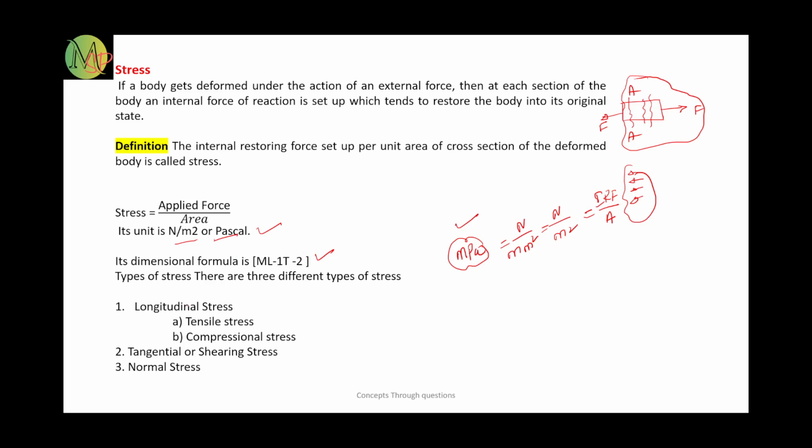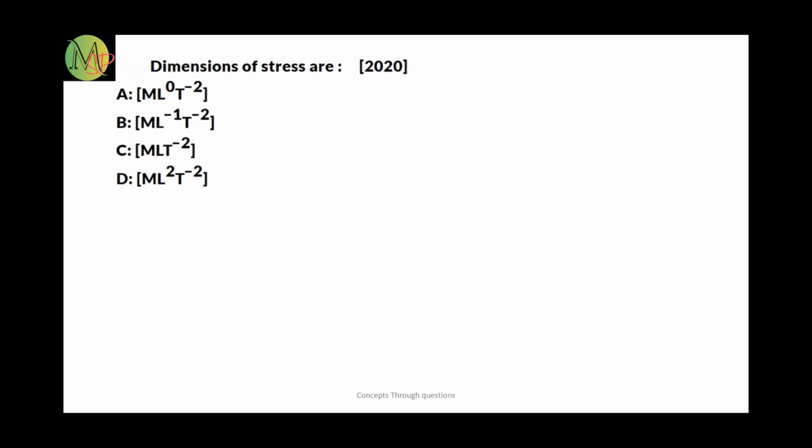There are types of stresses: longitudinal stress, tangential or shearing stress, and normal stress. We will discuss these one by one. Now this is one question already asked on stress. What is the unit of stress?